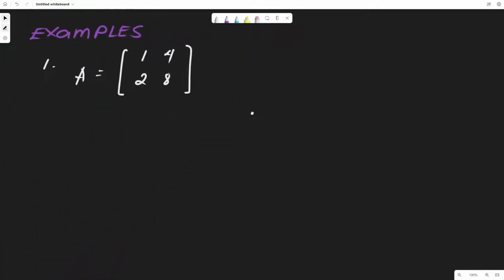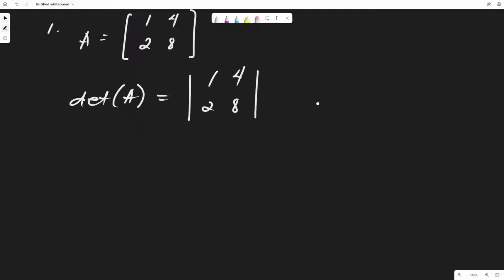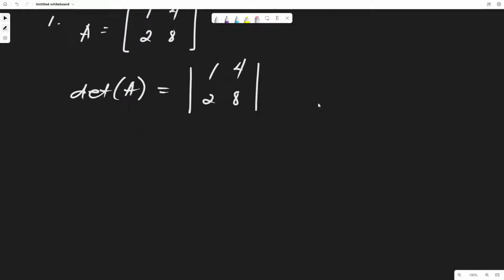So, examples. First, we have here our matrix A is equal to 1, 4, 2, 8. Let me get its determinant. Don't forget to change the brackets we use for the matrix, I mean, the ones we use to group for determinant, to symbolize that we are dealing with determinants.